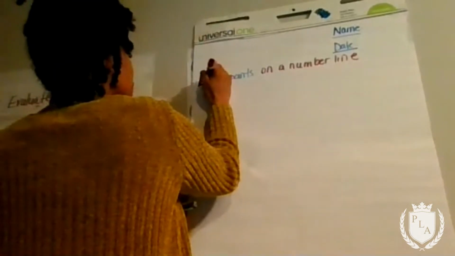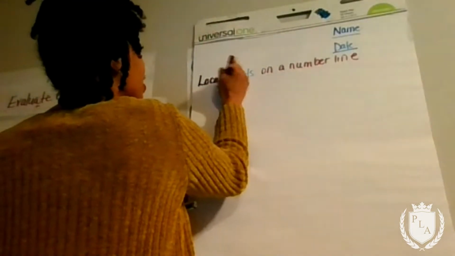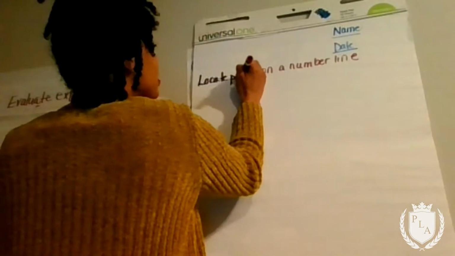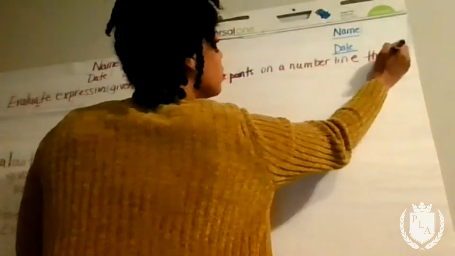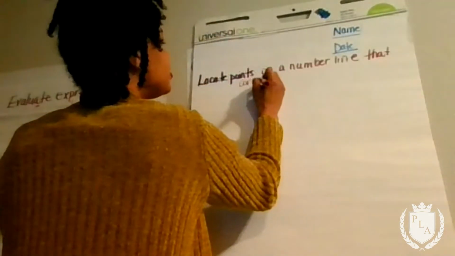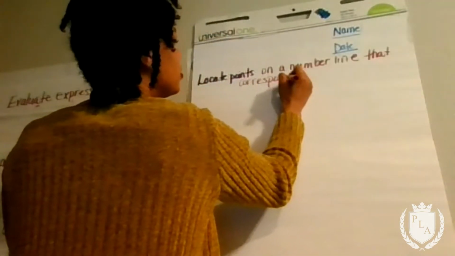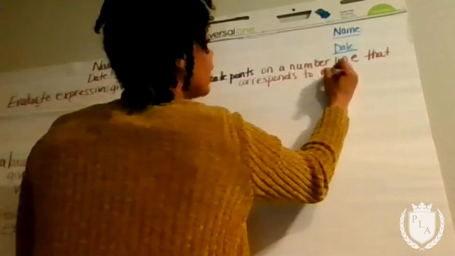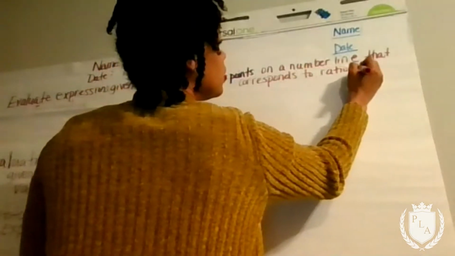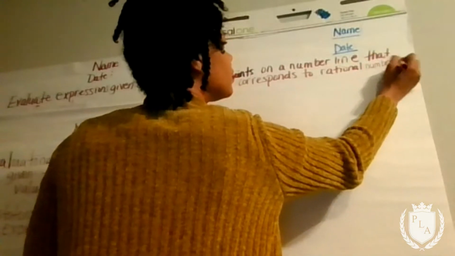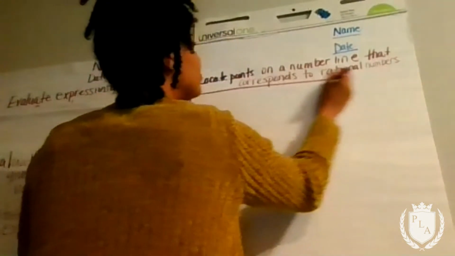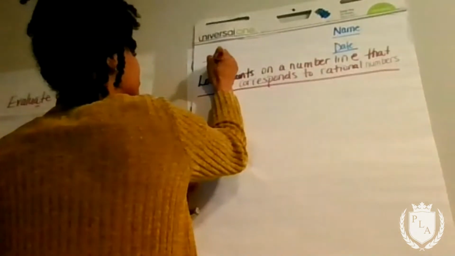I'm going to locate points on a number line that correspond to rational numbers. Okay? So that is our title. That's our title.